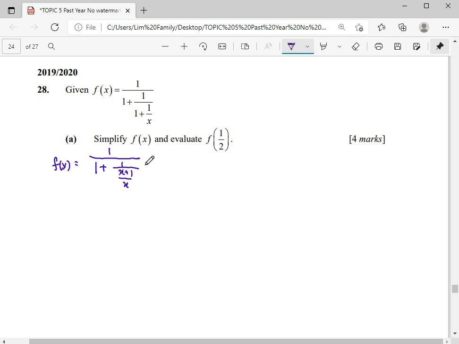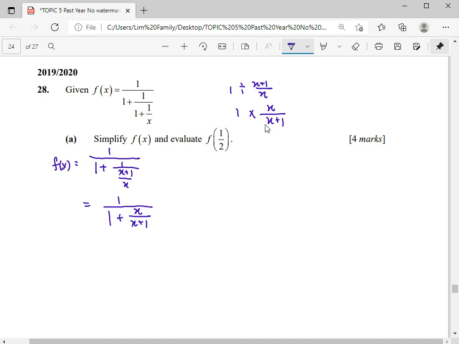And then 1 over this thing. When I say 1 divided by x plus 1 over x, it is actually equal to 1 times the inverse of this fraction, 1 times x over x plus 1. So 1 divided by this fraction gives you x over x plus 1.